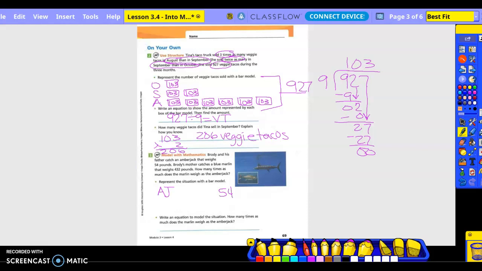Brody's mother catches a blue marlin that weighs 432 pounds. How many more times? So what are we going to do? 432 divided by 54, right?